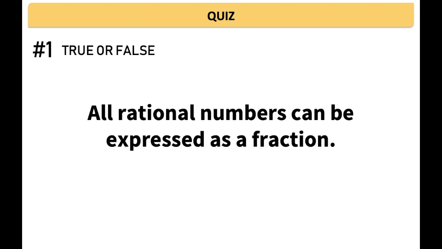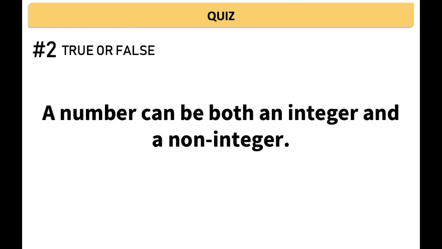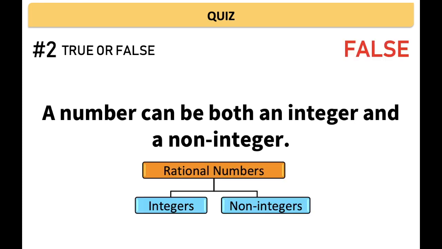Number 1, all rational numbers can be expressed as a fraction. True or false? This is true. Kasi by definition, ang ating rational numbers are numbers that can be expressed as a fraction of two integers. Number 2, a number can be both an integer and a non-integer. Answer here is false.